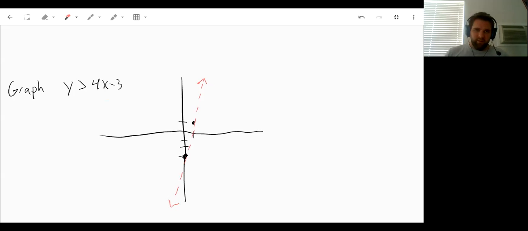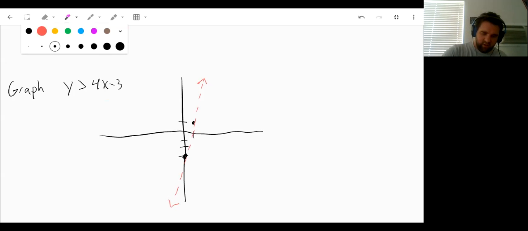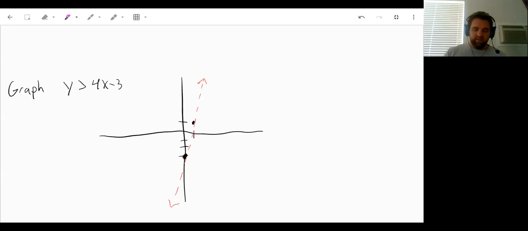So that was part number 1. Part number 2 is we actually have to shade what side of the line satisfies this inequality. And there's a couple ways you can do this. The first way is you can think, okay, our y values, so our up and down values, have to be greater than the line that we just graphed.